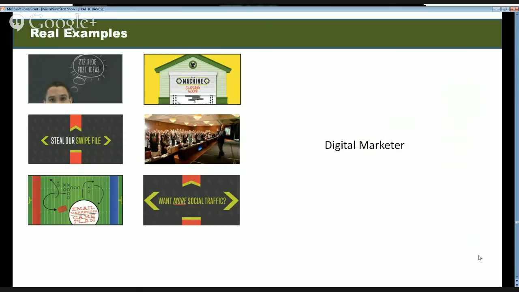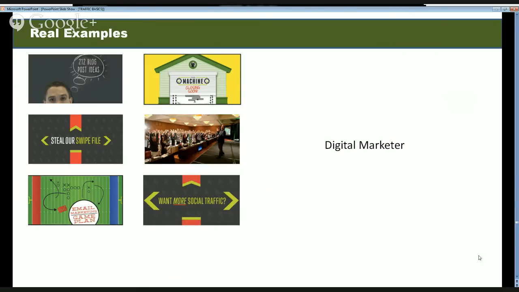Now you'll notice the one in the upper left-hand corner actually has somebody looking at you, but it's really intriguing because you only see their eyes. The chalkboard has also been shown to be very effective. The one next to that, the coloring is very, very effective. The one in the lower left-hand corner was done during the playoffs for football, and so people could relate to that right away.